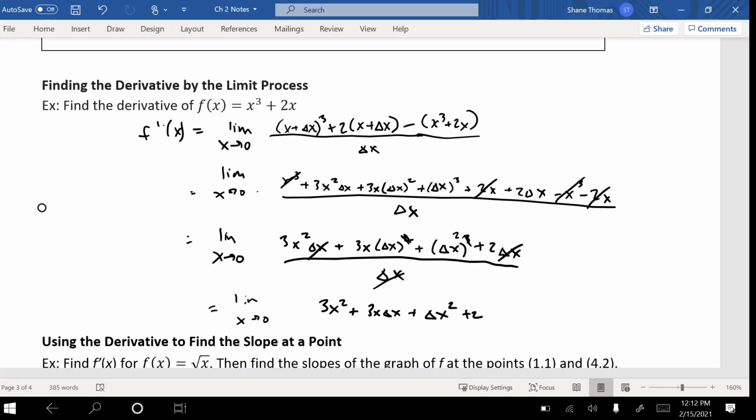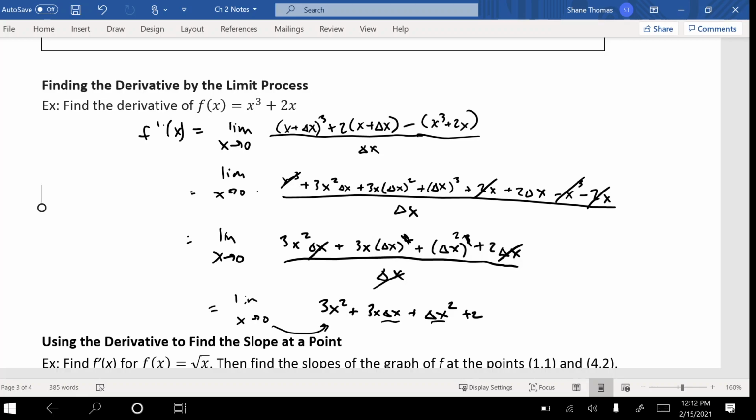All right? Now, I'm to the point now, delta x has gone out of the bottom. Anytime I get to this point and I can plug in that value for my limit by direct substitution, where it doesn't give me an illegal answer, I'm good. So if I go ahead and plug this 0 in now for delta x, so it'll be here and here, those are going to cancel out, aren't they? 0 squared is 0. 3x times 0 is going to be 0.